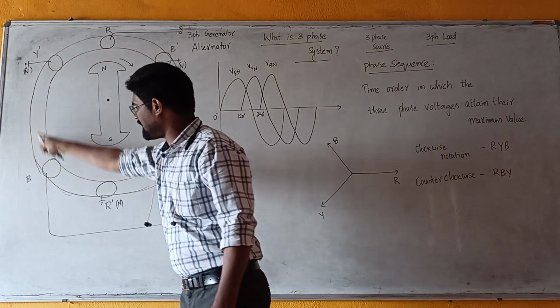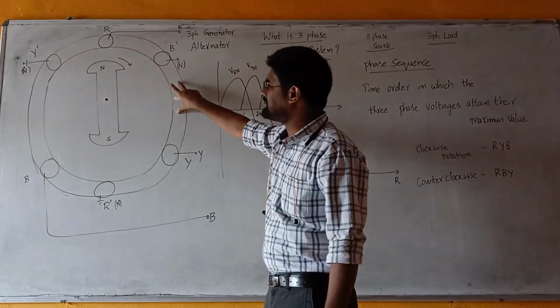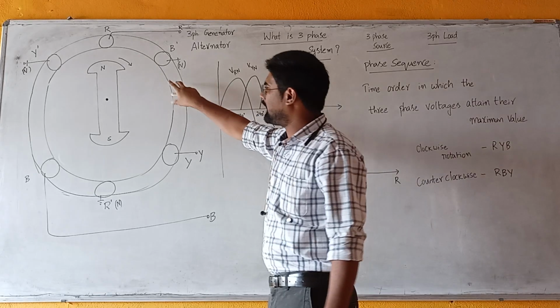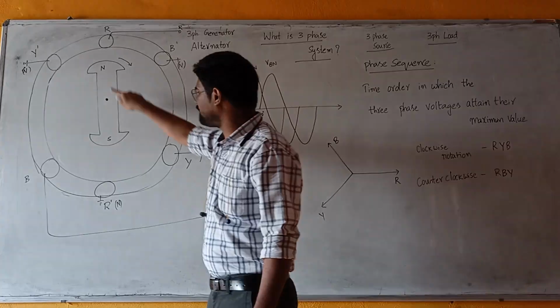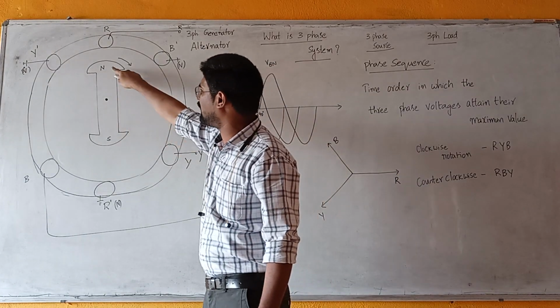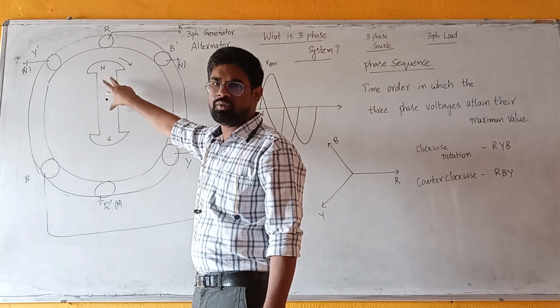One is the stationary part, which we usually take as the armature, and the other is the rotor. The rotor is a magnetic field system. You can clearly see the north pole and south pole here. In general, this is an electromagnet.